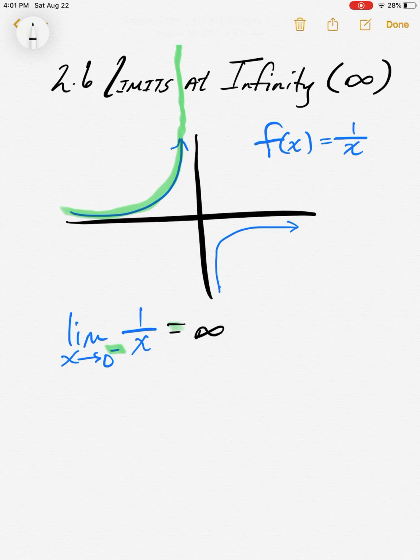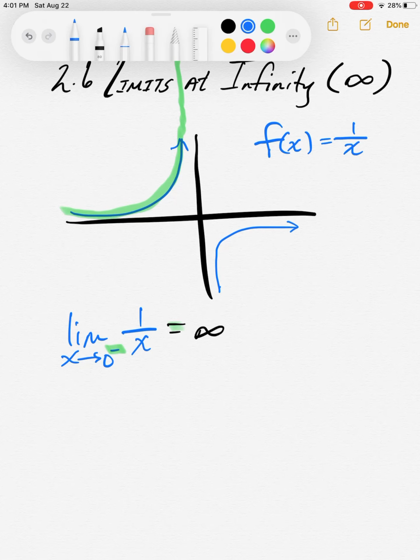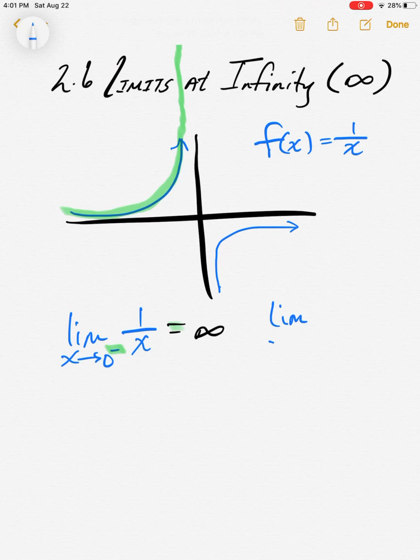All right, so what about when we approach 0 from the right? We'll run the same thing. Let us take the limit as x approaches 0 from the right for the function.